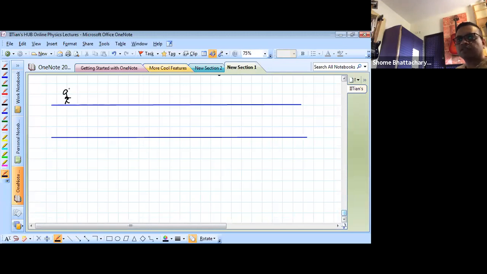Your answer is correct. So an observer on the ground will be seeing that the motorboat, while going downstream, had a velocity of 6 meters per second. And it went like this, took a U-turn. And then while coming back upstream, the motorboat will have how much velocity? It will have a velocity of 4 meters per second.